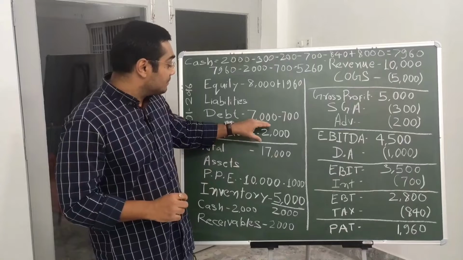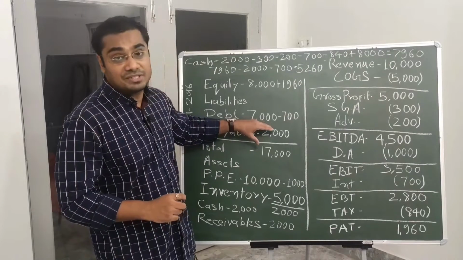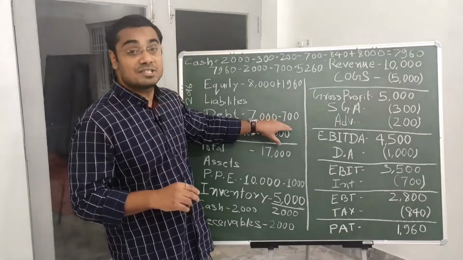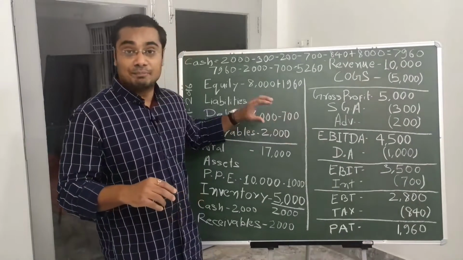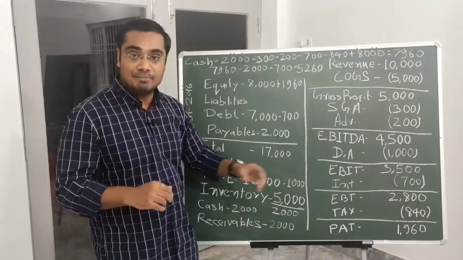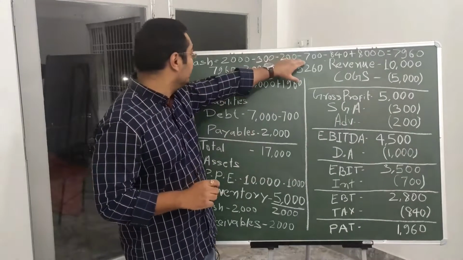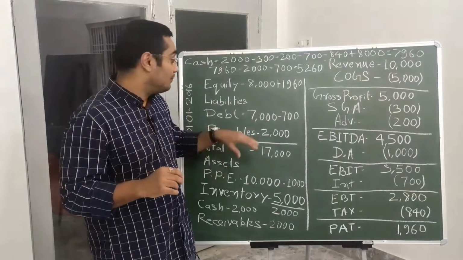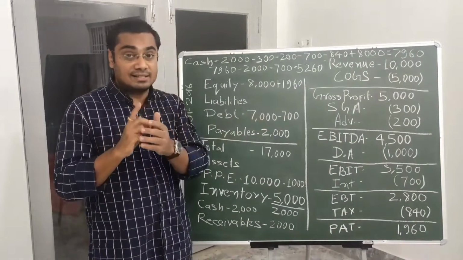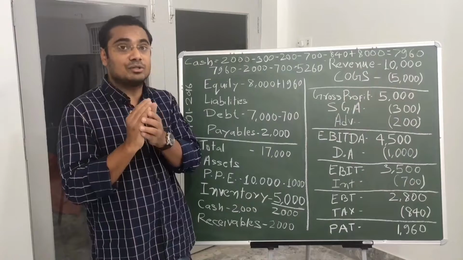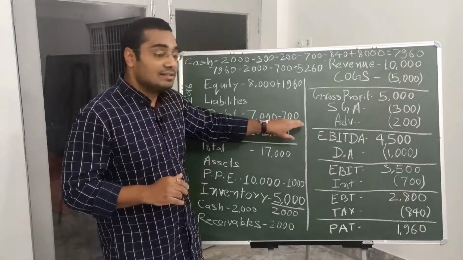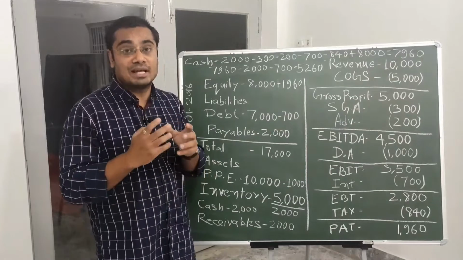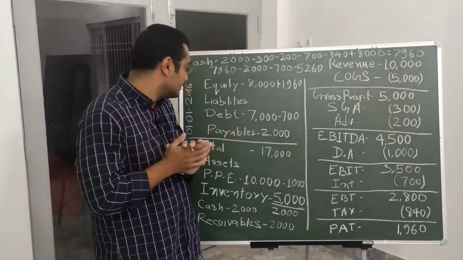So one-tenth of this debt amortizes every year. So in the very first year, the amortization amount comes to be 700, the principal amount. The interest part we have already paid. This we have already deducted in our cash position. This is the amortization principal amount of the debt to be paid. In the very next year's balance sheet, we are going to record a debt of 6,300 rupees instead of 7,000 rupees, and the interest amount would be calculated on 6,300 rupees.